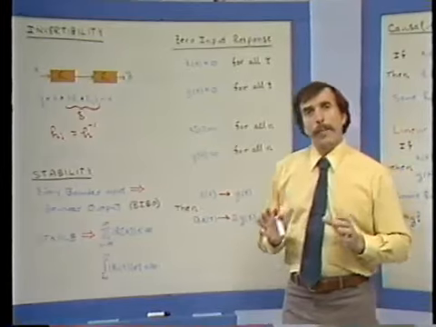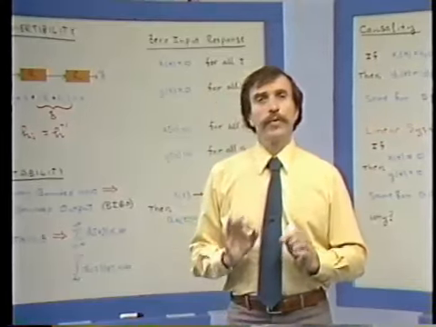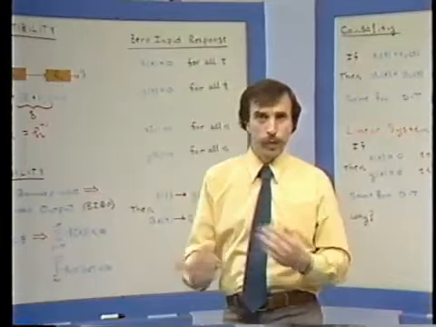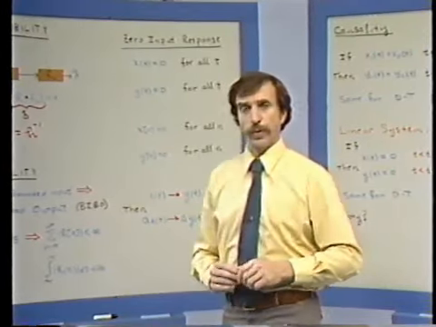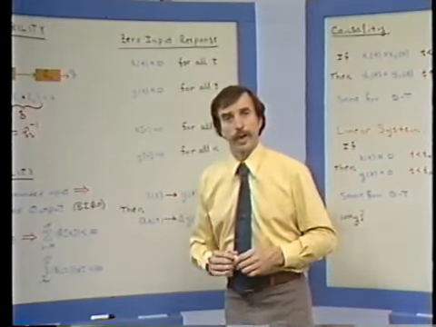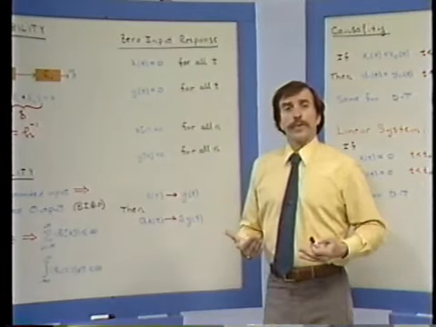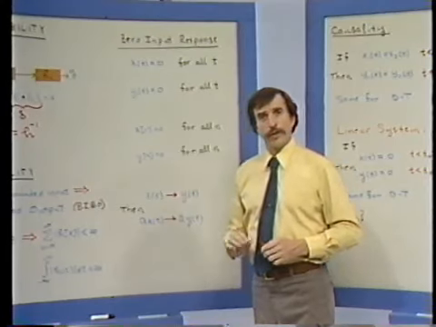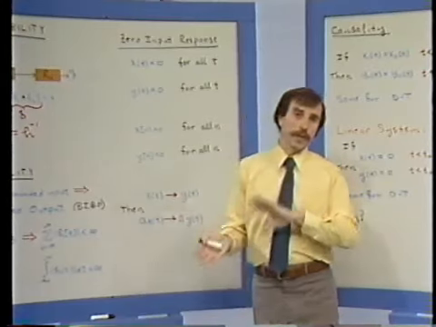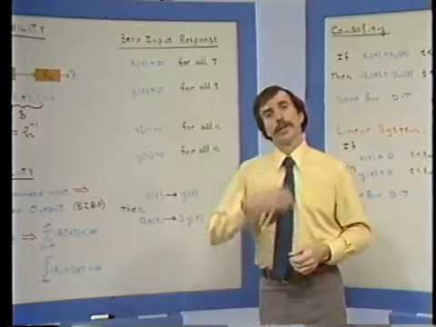Now, the next property that I want to talk about is the property of causality. Before I do, I'd like to introduce a peripheral result that we'll then use when we talk about causality, namely what's referred to as the zero input response of a linear system. The basic result, which is a very interesting and useful one, is that for a linear system, whether it's time invariant or not, if you put nothing into it, you get nothing out of it.